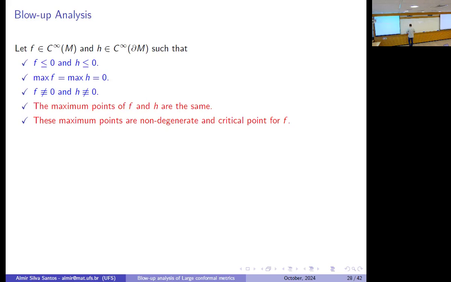Remember that the Euler characteristic is negative, so you have at least three components of the boundary. For example, here is your manifold. So the maximum point is on the boundary.